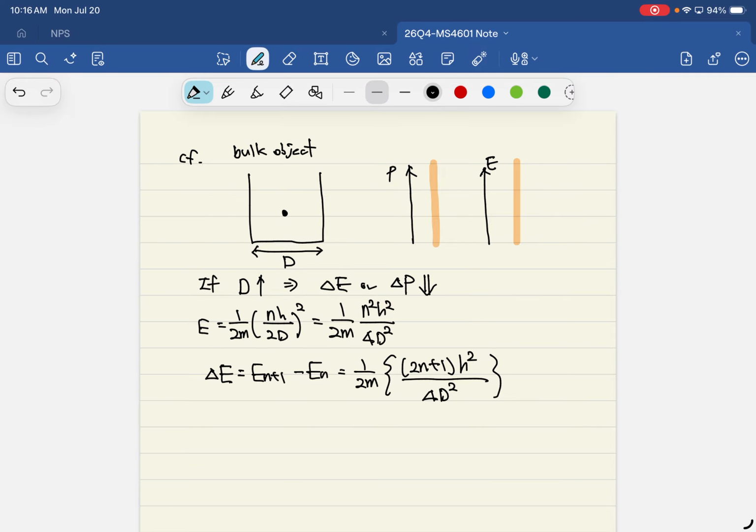But another case of bulk objects is, m is actually quite large, right, for bulk objects. If the mass is high, what happens to this delta E and delta p? Look at this delta E. Now m goes up, delta E also goes down, right?